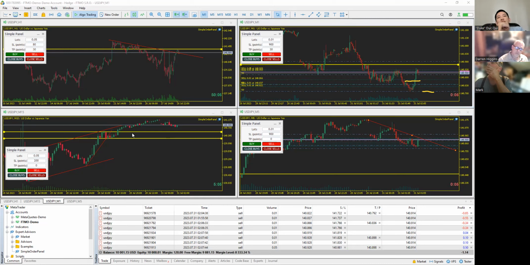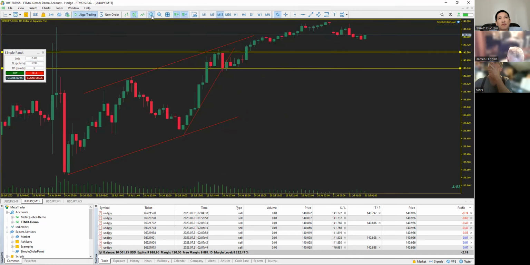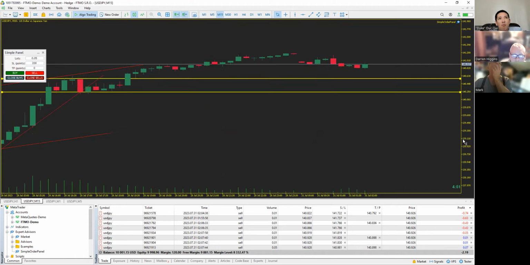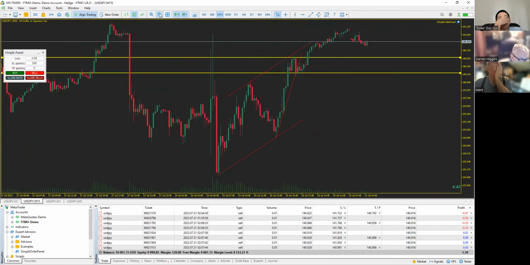And on the 15 here, I have, first off, the way to read this. Try to zoom in. I can't seem to zoom in. It's okay.